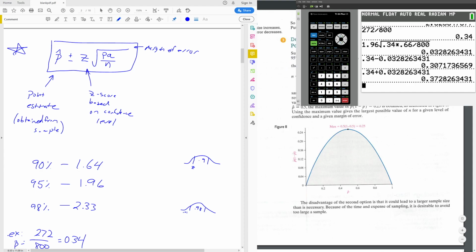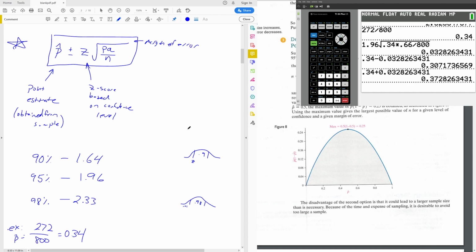And then the last thing the book talks about is how to find the sample size for a given margin of error. So suppose we wanted a specific margin of error. Some people don't want a margin of error that's more than 5% or more than 3%, whatever it may be. That's all about just plugging into this little formula right here.